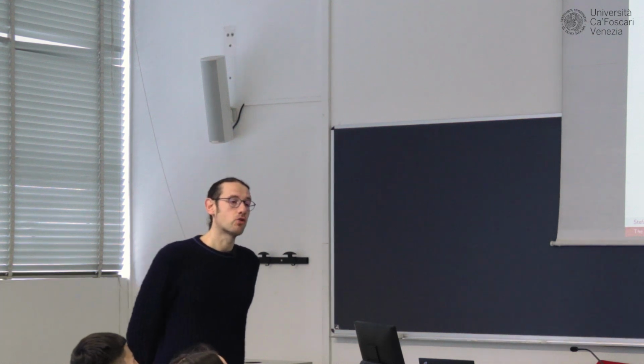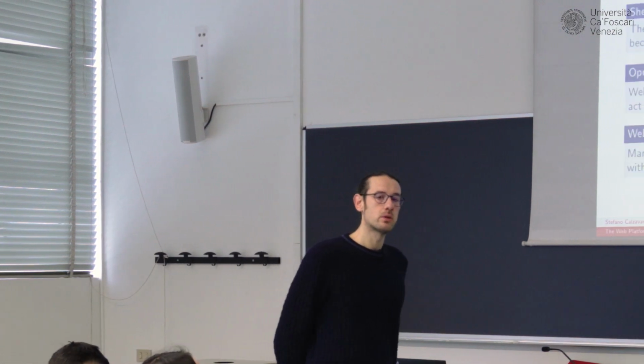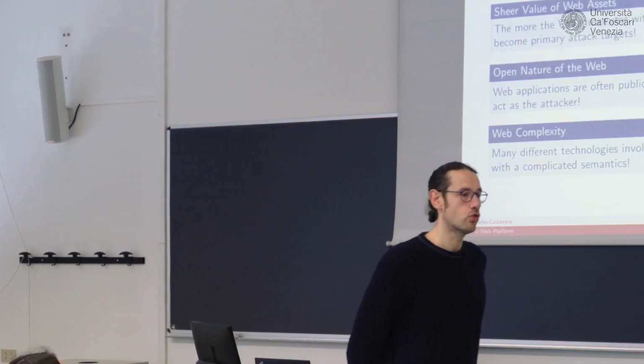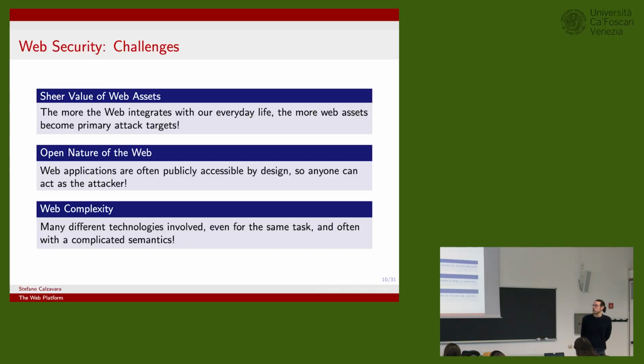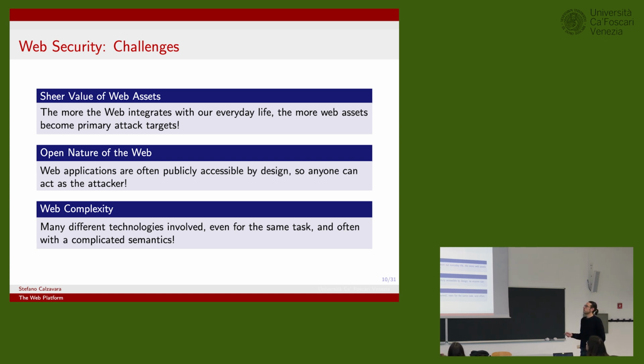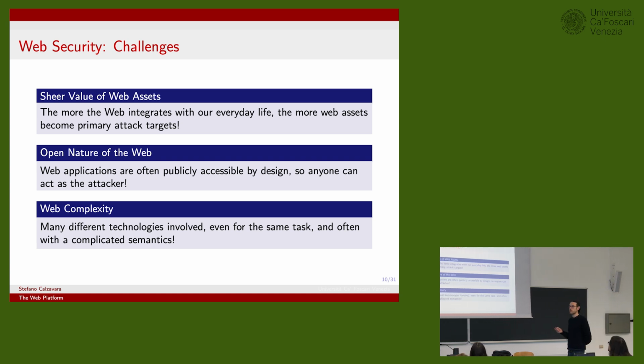What are the challenges? So why is it so difficult to protect web applications? There are multiple reasons. I give you in this slide the 3 reasons that I think are particularly important. One of the reasons is the value of web assets.